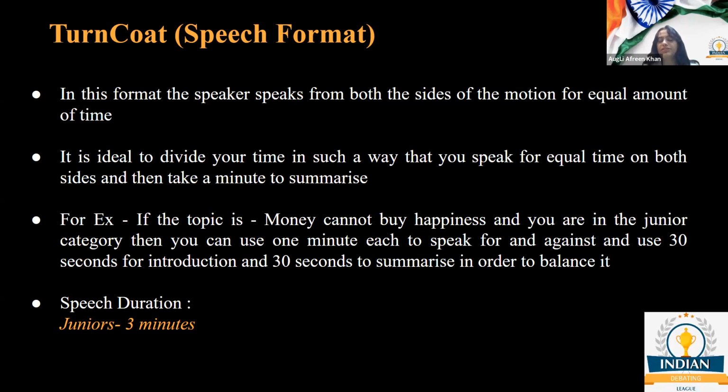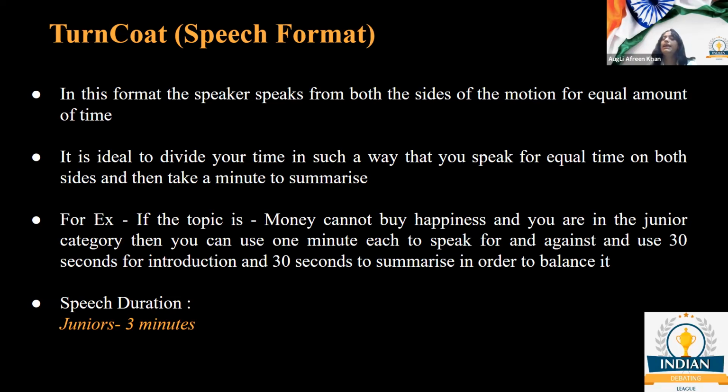So I'll give you the example. If the topic is money cannot buy happiness, you'll start with a 30 seconds introduction. Then for 1 minute, you're going to talk about why money cannot buy you happiness. Then you'll shift and talk about why money can actually buy you happiness. Then you're going to use 30 seconds to conclude your argument. The conclusion could look like you being neutral.